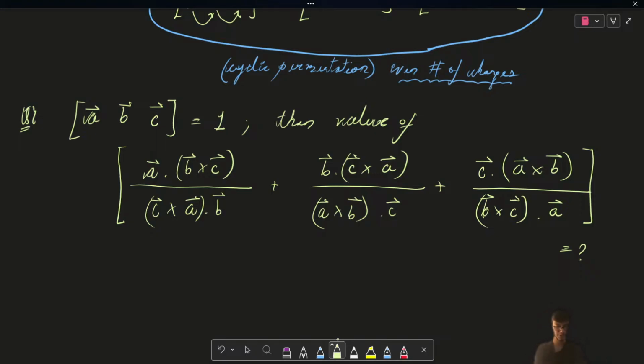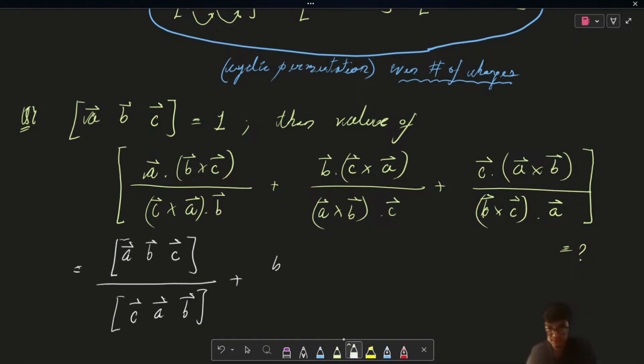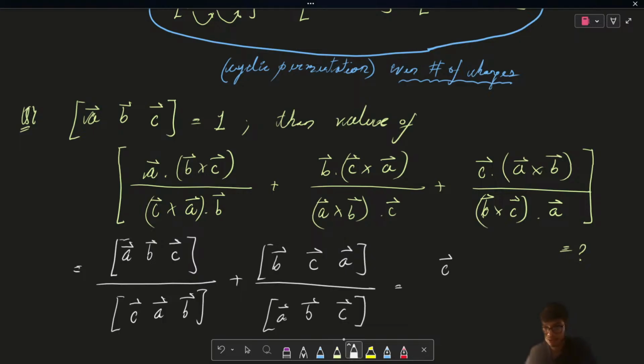All right. So let's try to see the solution. I hope you have given a try, and let's see how we can solve this problem. If I recall from the definitions, this can be given as box of BCA divided by box product of ABC, and this is also given as box of CAB divided by box of BCA.